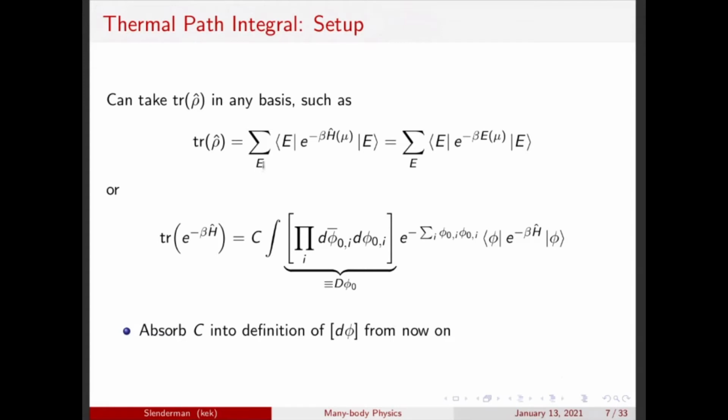We can take it in the energy basis, so the basis where the Hamiltonian is diagonal, in which case you get the trace of the thermal density matrix being of this form, where H has now been replaced by just numbers, or eigenvalues.